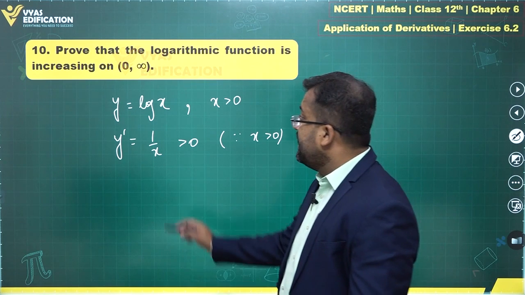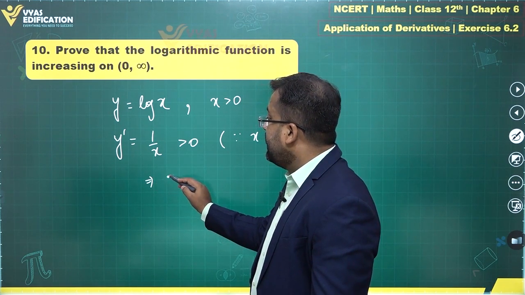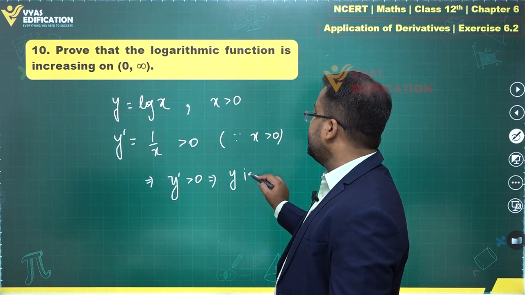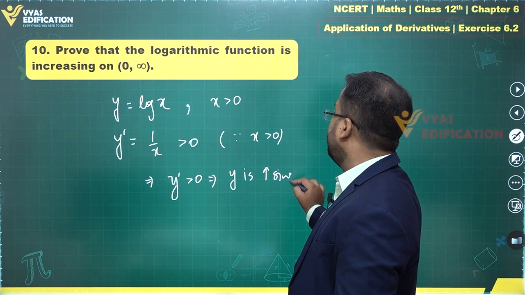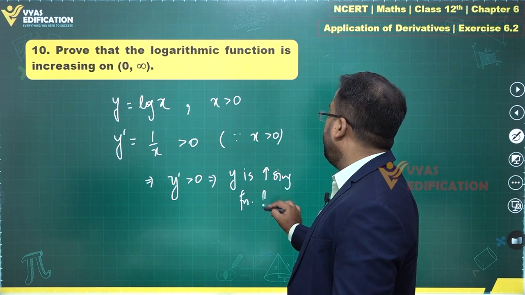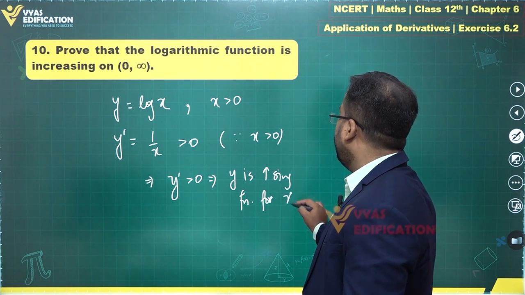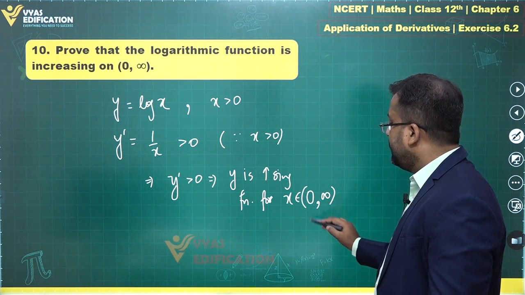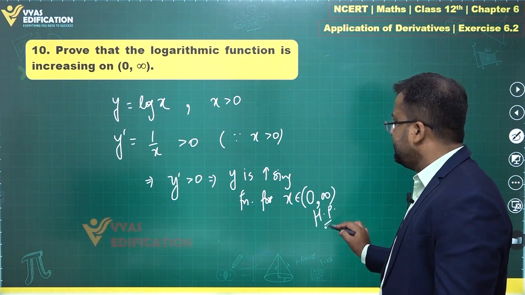And the derivative is greater than 0, and this implies that y is an increasing function for x belongs to the interval 0 comma infinity, right? That's a complete proof. A very simple and silly question.